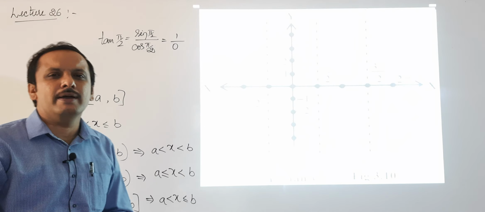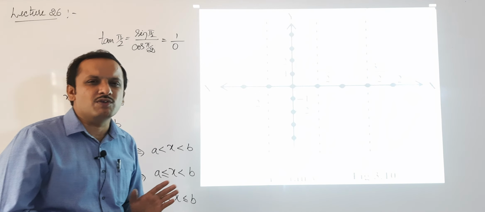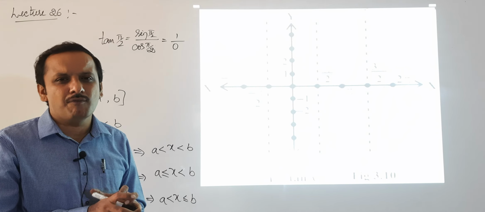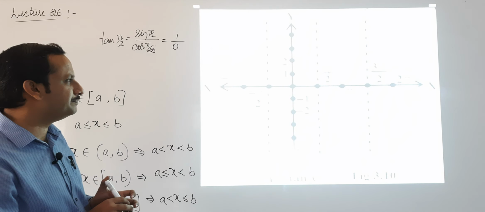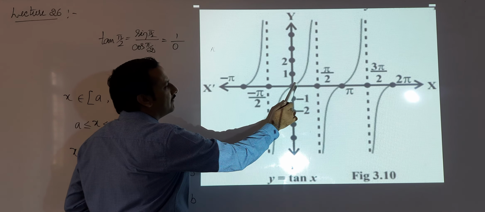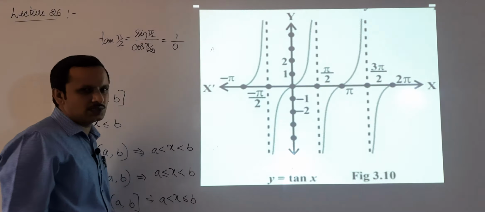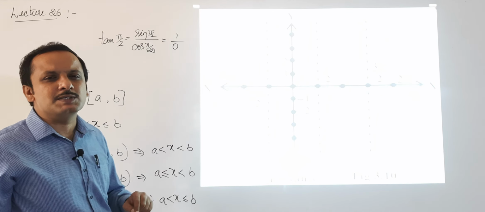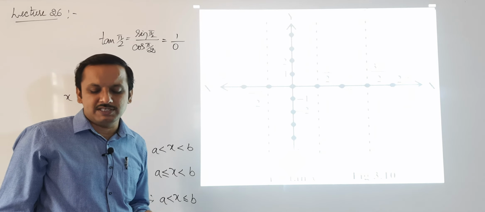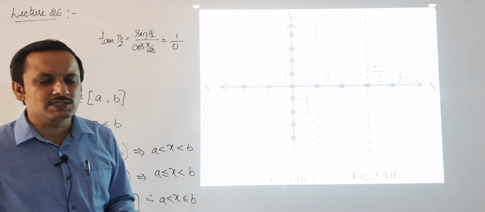So we observe a break, or a gap, in the function at all odd multiples of pi by 2. Then from 0 to pi by 2, look at the graph. The graph lies above the x-axis, so tan x is positive when x lies between 0 and pi by 2, which means in the first quadrant tan x is positive.